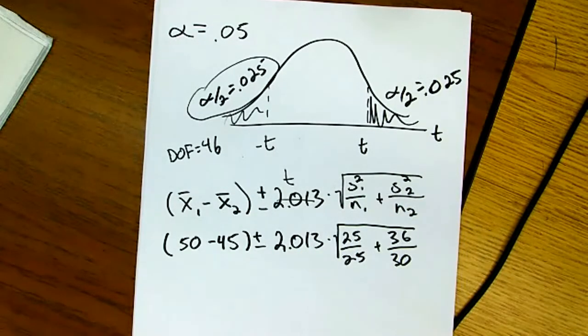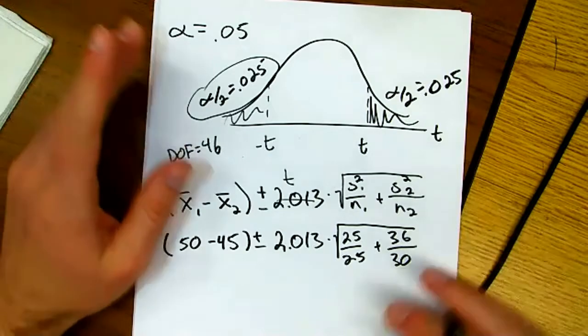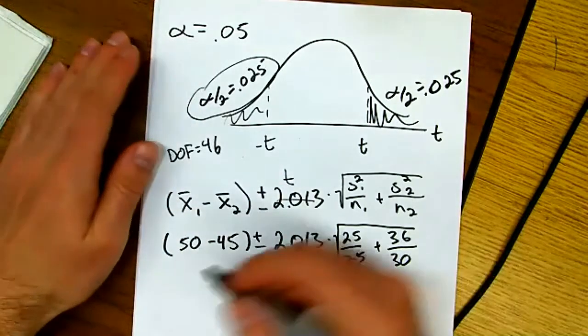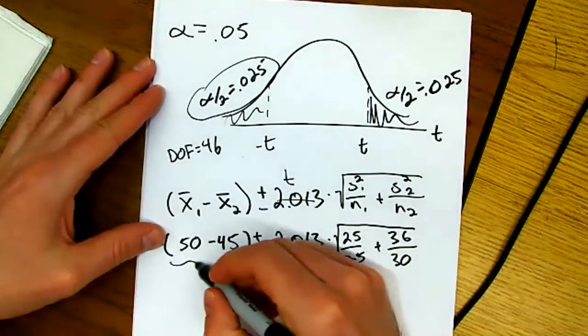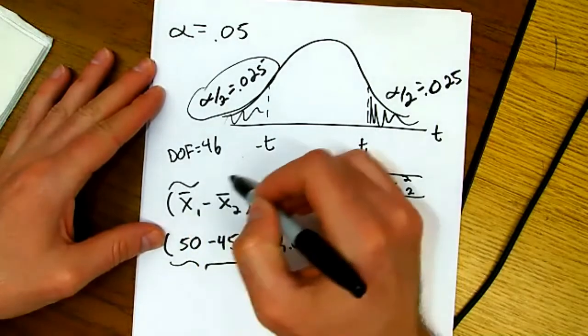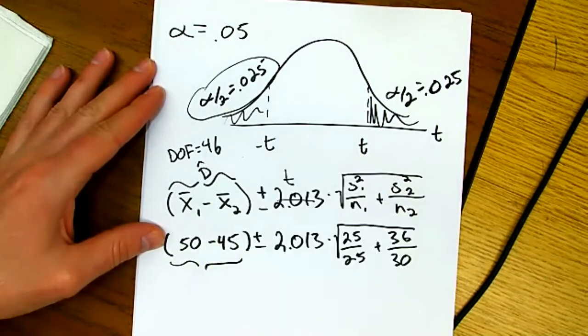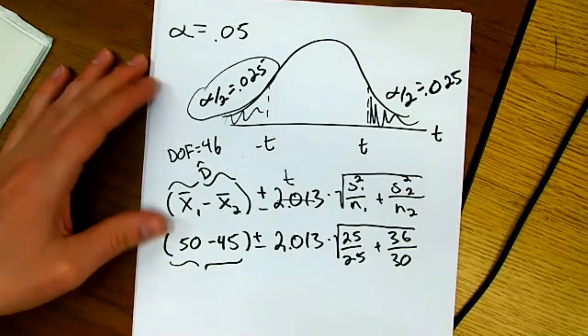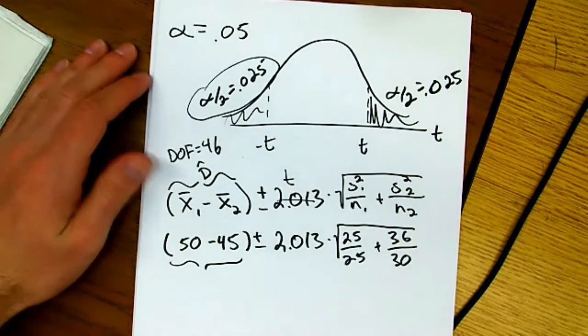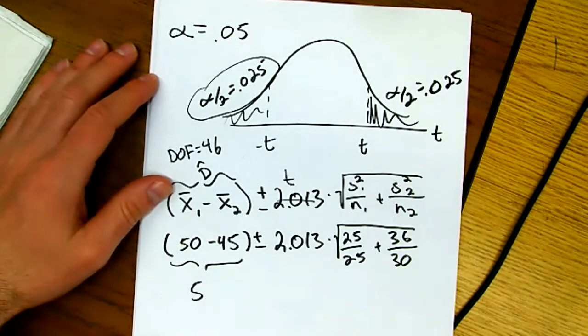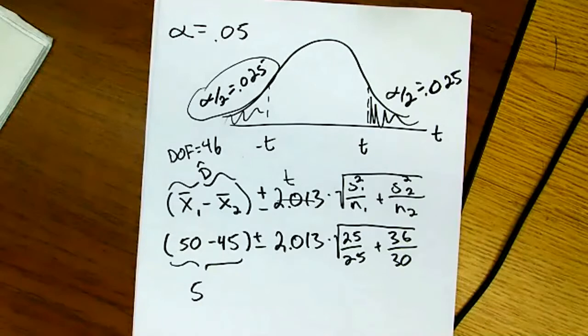Any questions on that before we keep moving? One thing we could have done before getting too far is say, this represents my sample difference, the difference in my sample means. Here I found a sample difference of 5, and I'm building my confidence interval around that.